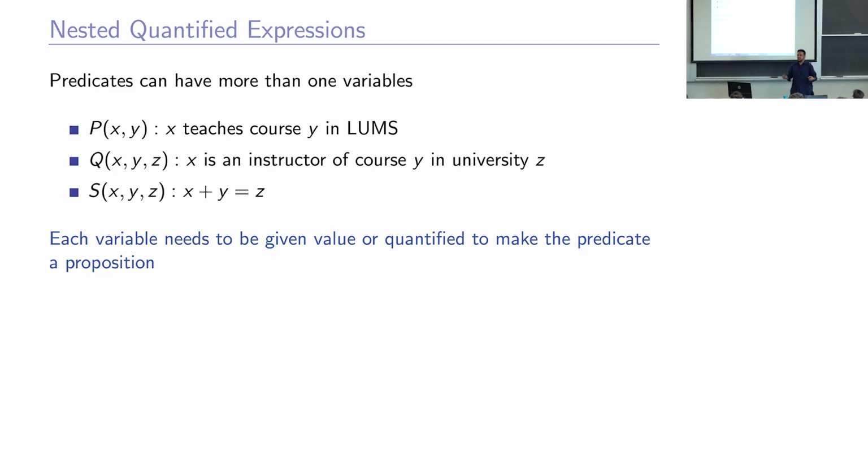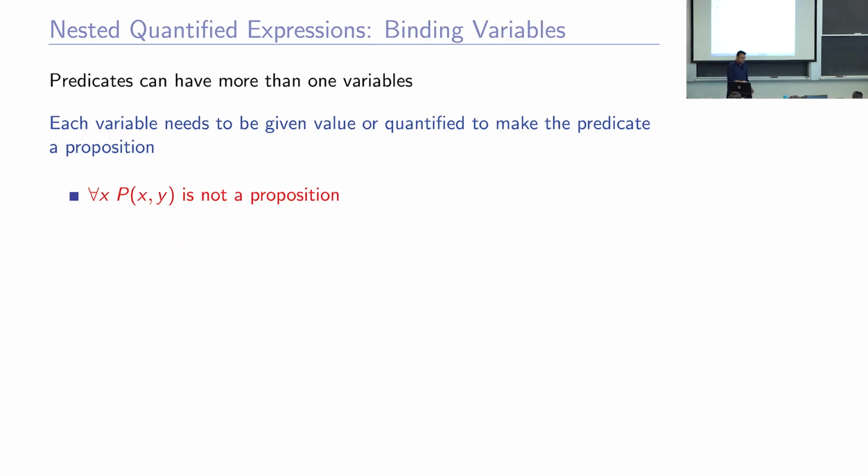Why is it not a proposition? z doesn't have a value, right? And I said we don't have to give it just one specific value. We could talk about it in a range of values, using quantifiers. So if I say for all x, P of x,y, is that a proposition?